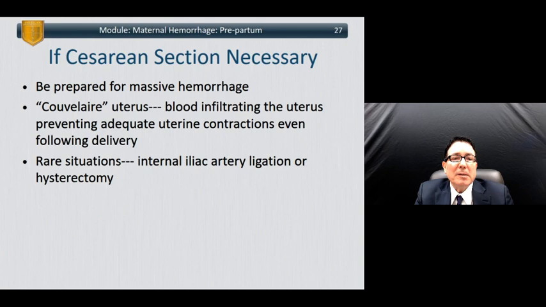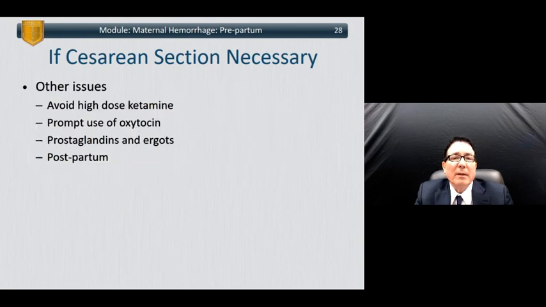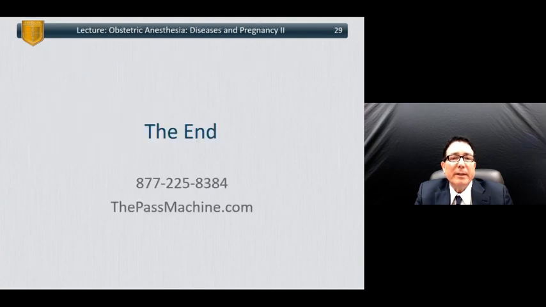And surgeons might elect in rare situations to ligate the internal iliac artery or to do a hysterectomy. Other issues would be to avoid high-dose ketamine, prompt use of oxytocin, prostaglandins, and ergots, and beware of the postpartum period. Thank you.